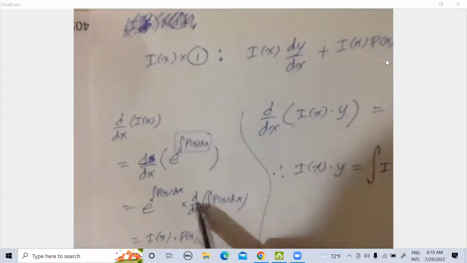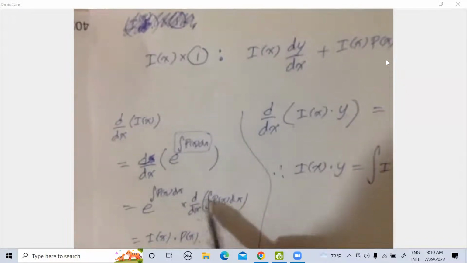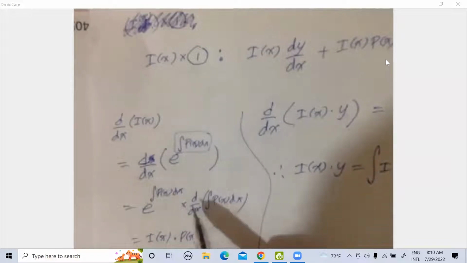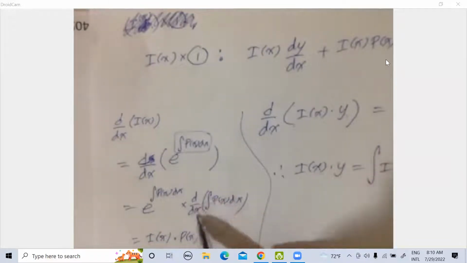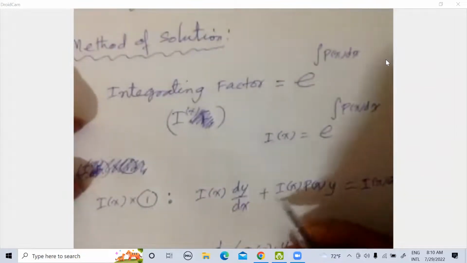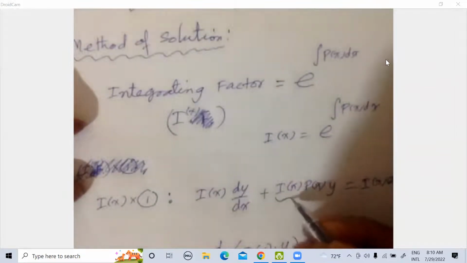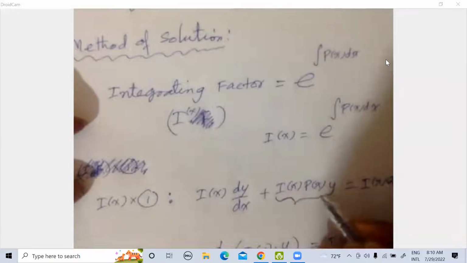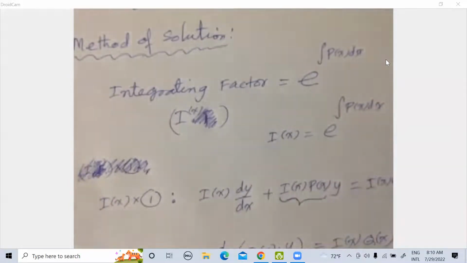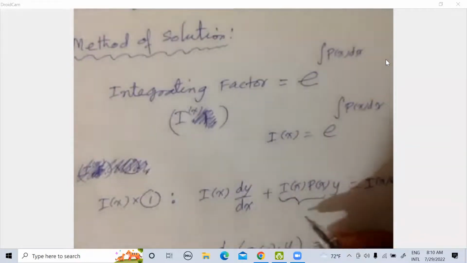Integration and differentiation are reverse processes. So when you apply the derivative to an integral, you get the function back, I(x) p(x). So that part is the same as d over dx of I(x).